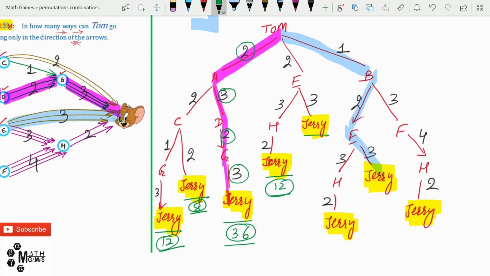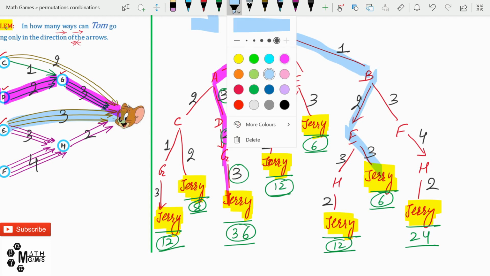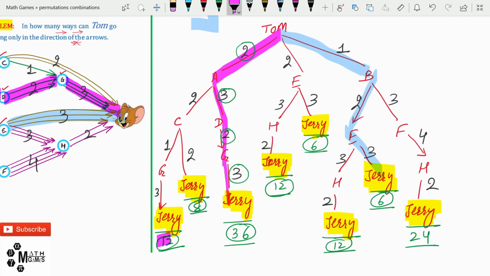12, 6, 12, 6, 24, and hence we can see that the final answer will be the sum of these numbers, that is 12, 8, 36, 12, 6, 12, 6, and 24.